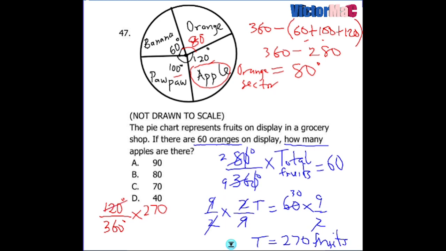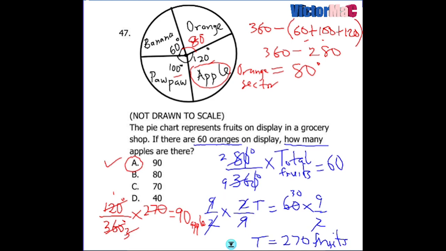So 120 into 360 is 3 times, and 3 in 270 is 90. Oh, sorry, 90 apples, since it's just for the fruit that is apple. Okay, so we have the answer to be option A.